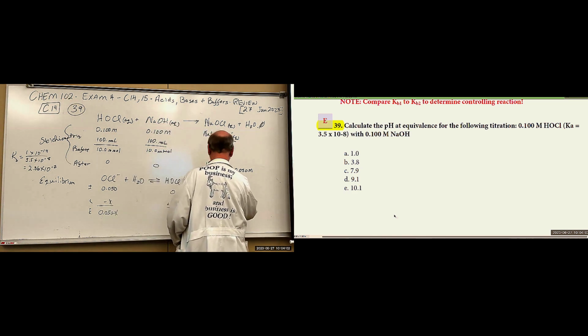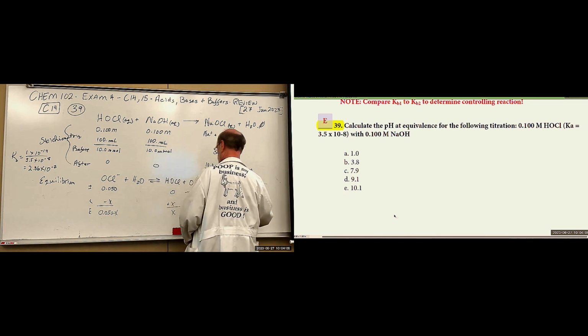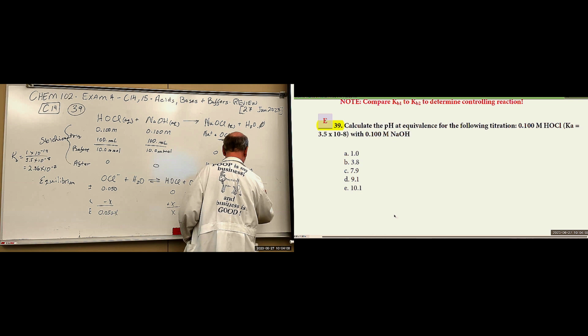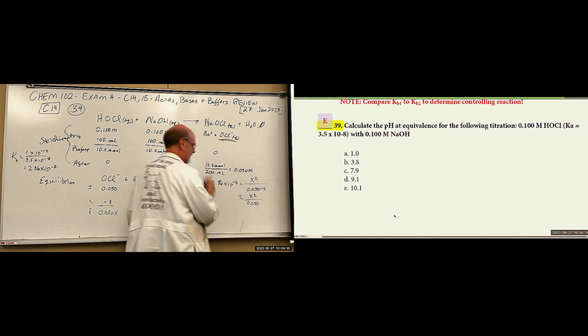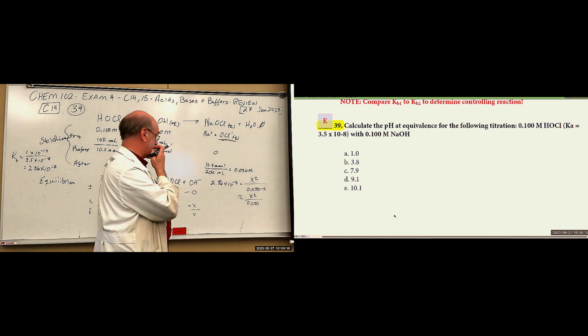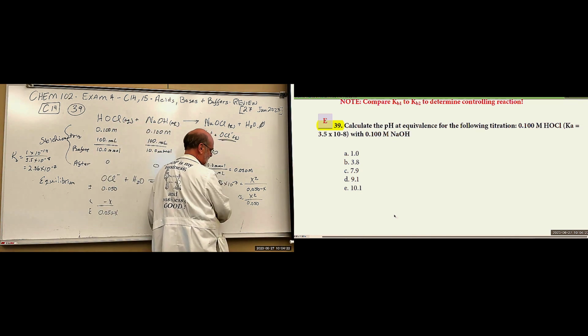And so our expression here is going to be 2.86 times 10 to the minus 7 is equal to X squared over 0.050 minus X, which is approximately X squared over 0.050. And we're throwing the X out because it's very small. We're pretty safe there because this is a minus 7.